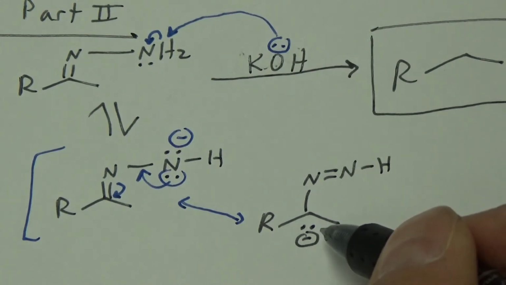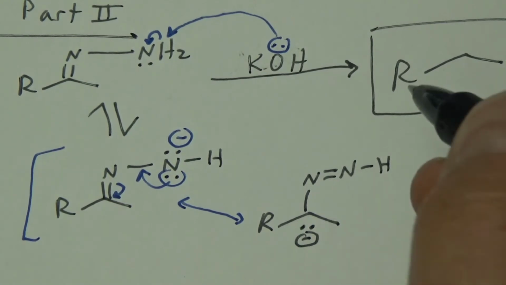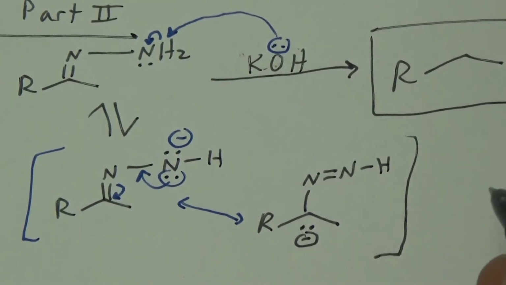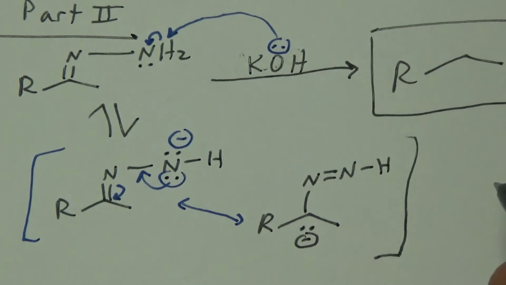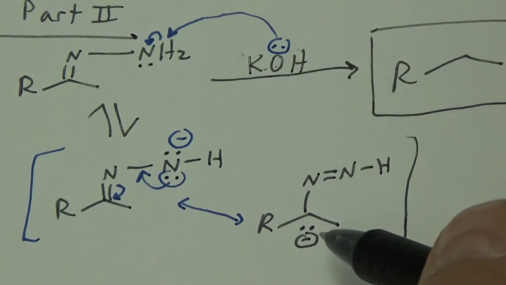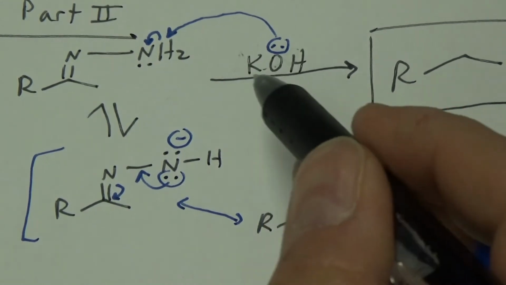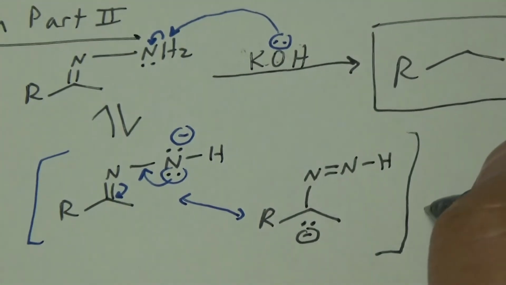So that is an unstable carbanion. As a carbanion, what are one of the ways that carbanions relieve their unhappiness? Sometimes they're nucleophiles, like a Grignard. But we have a sea of KOH with water around, right?